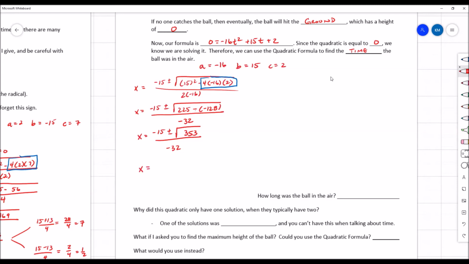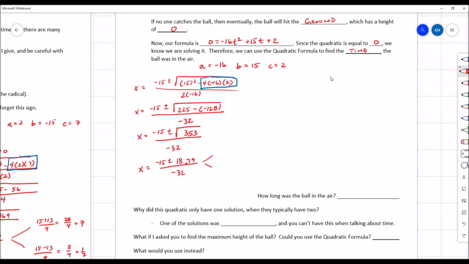So we take the square root of 353, and you should get about 18.79. So we get negative 15 plus or minus 18.79 over negative 32. We split it into our two possibilities.